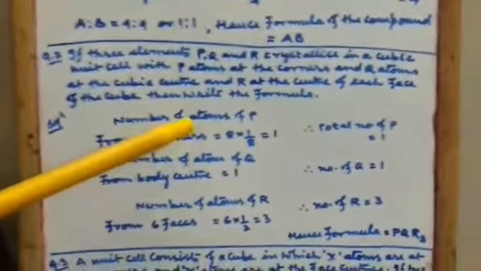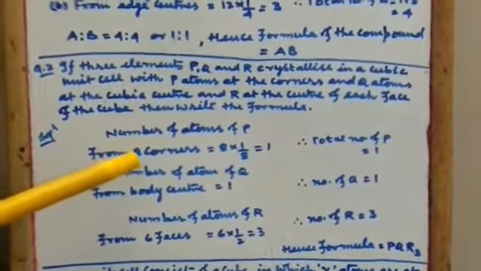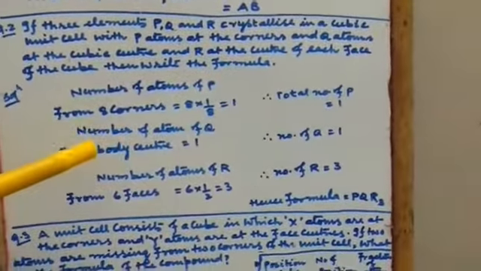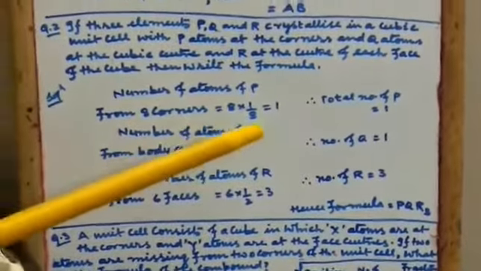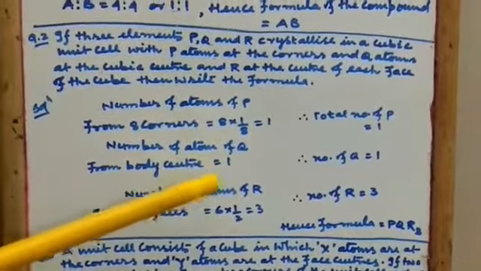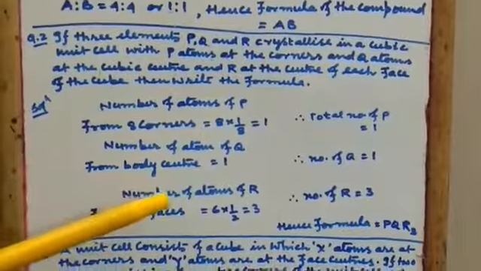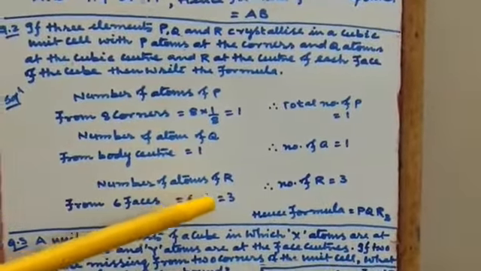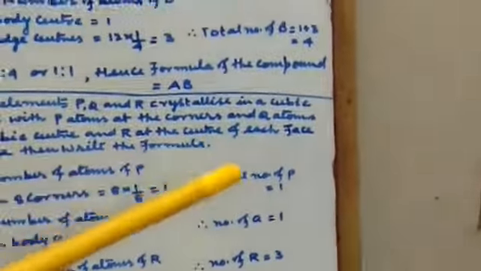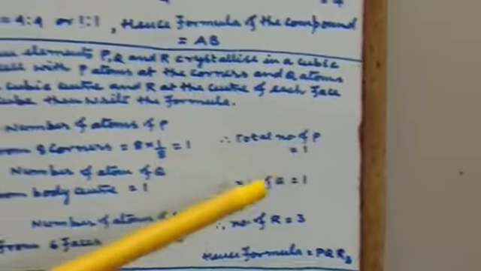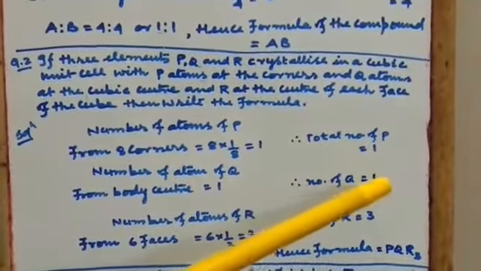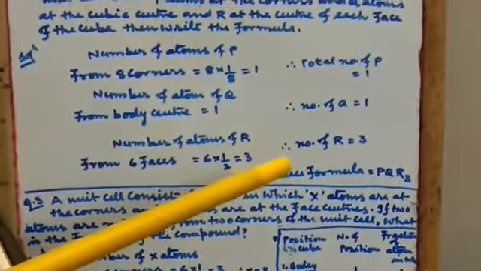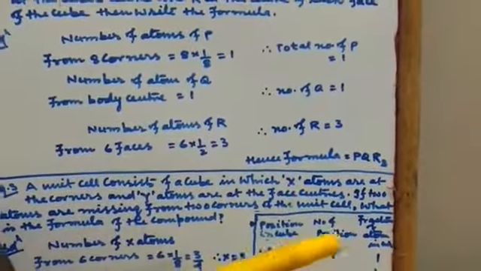Here the number of atoms of P from 8 corners is equal to 8 into 1 by 8 equal to 1, and number of atoms of Q from body center is equal to 1, and number of atoms of R from 6 faces is equal to 6 into half equal to 3. So the total number of P equal to 1, Q equal to 1 and R equal to 3. So the formula of the compound is PQR3.